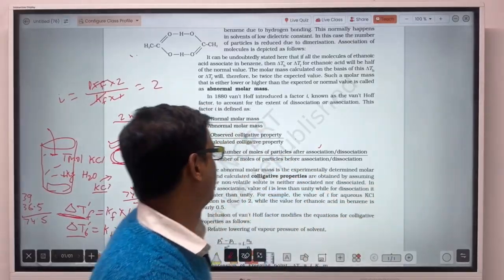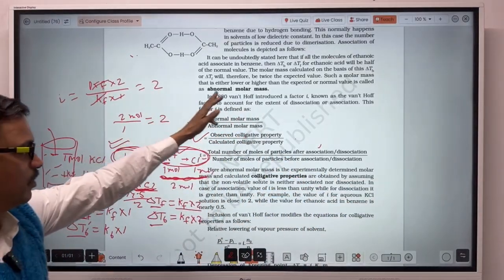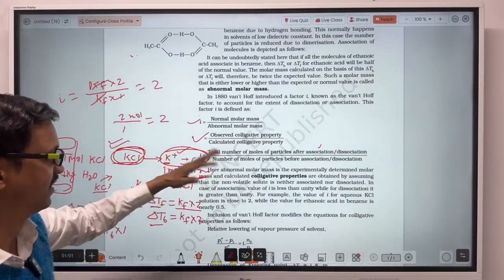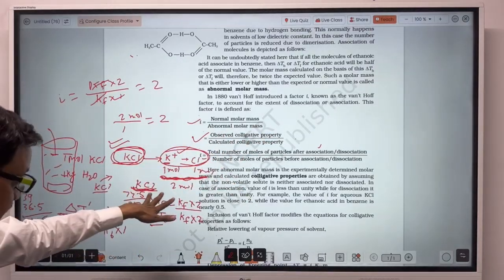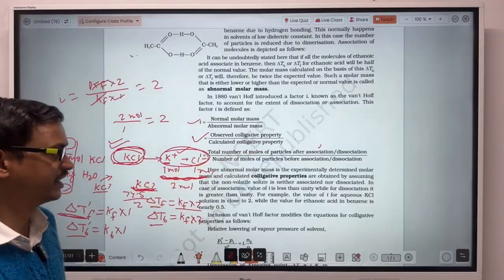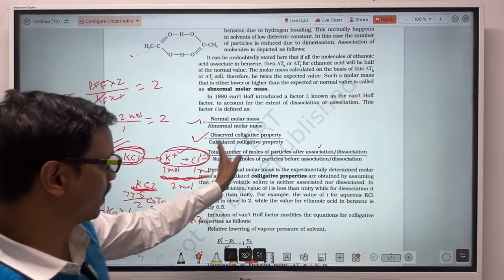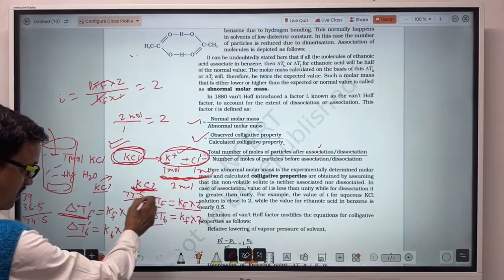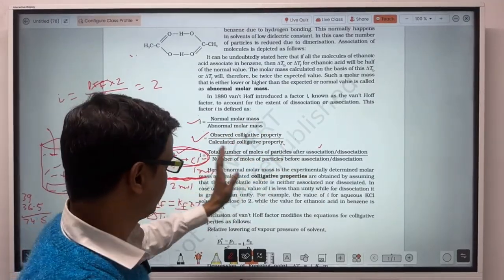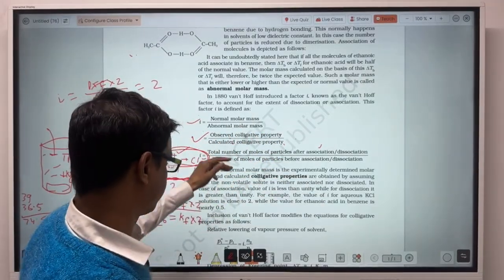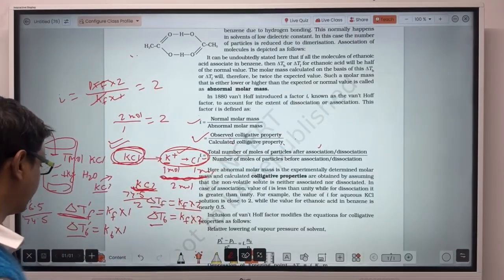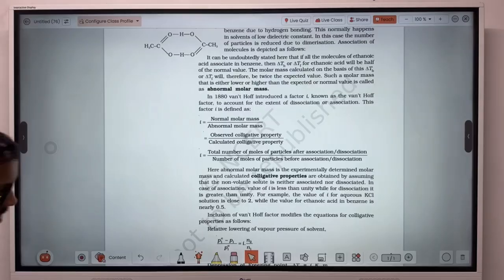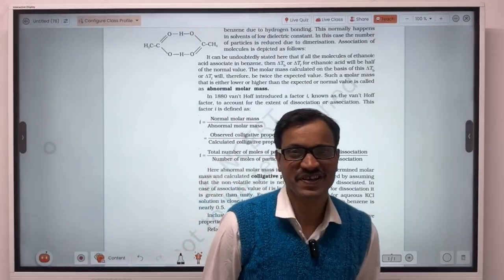That is, here the normal molar mass is greater and the abnormal molar mass is less. Observed colligative property here will be greater and calculated colligative property will be less. Total number of particles after association or dissociation, when there is dissociation, will be greater. Let's see about when association takes place, which we have discussed.